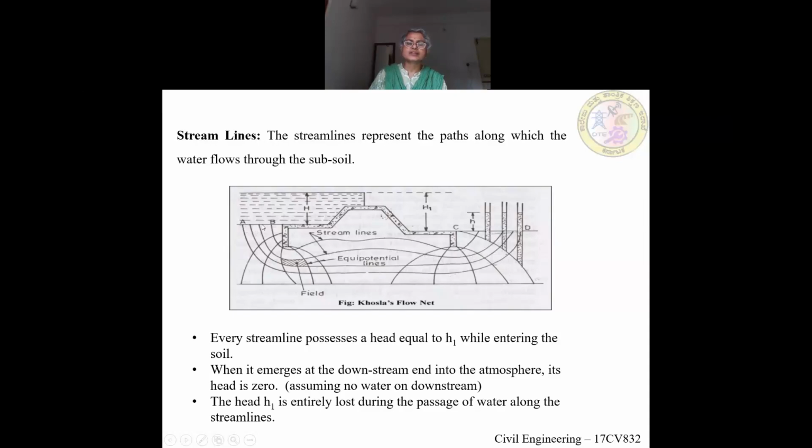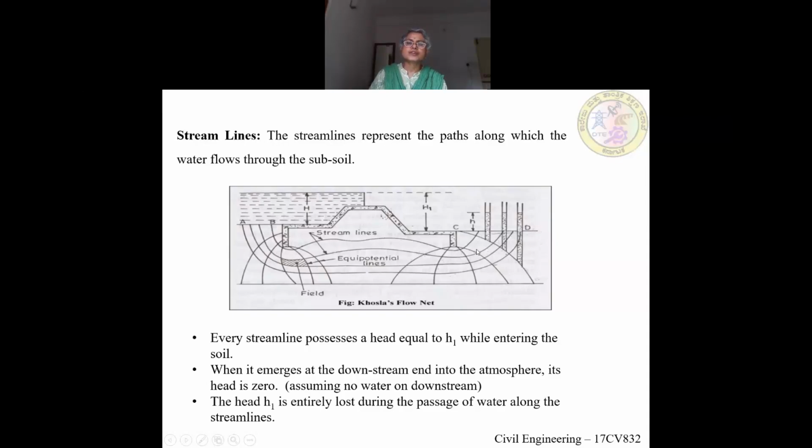This is the head at this point, which will be the depth of water in the reservoir, where it is normally atmospheric pressure. The hydraulic head will become zero when it comes to the downstream side, along CD it will be zero.